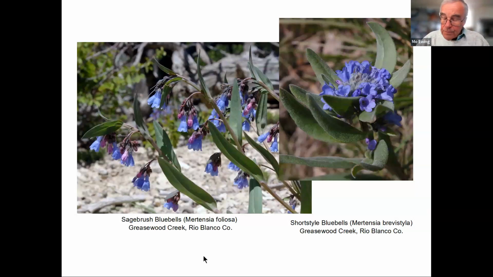But for some reason, Ackerfield, in her second book that just came out, splits it into 22 species. And the key is a bear. It's terrible. If you get to Mertensia, I would recommend using either Weber and Whitman or Ackerfield's first edition, because her second edition is really tough.